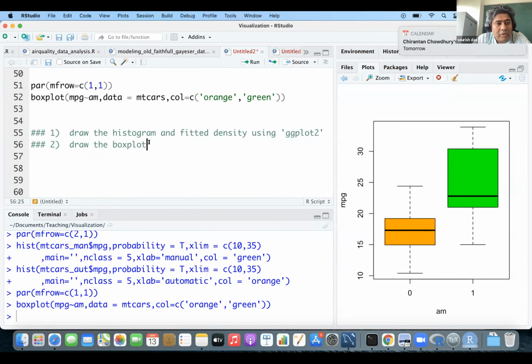So draw a box plot, or side-by-side box plot, using ggplot2, and also draw the scatter plot using ggplot2.